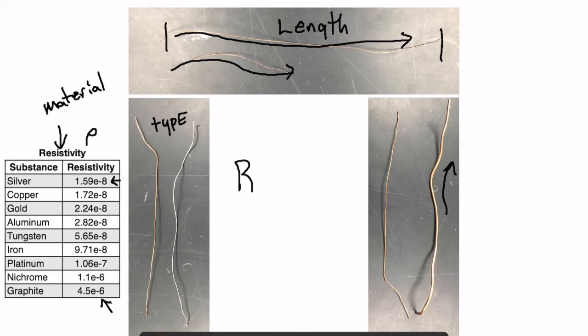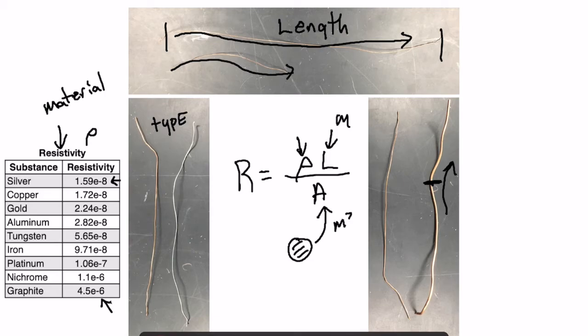So all of these factors came together, and the formula for the resistance of the wire looked like this. Material, length in meters, area. The area is if you took a slice of the wire and you looked at that cross-sectional circle, found the area of that circle in meters squared and plugged it in.